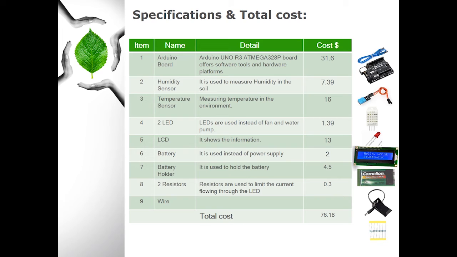We use 2 LEDs and 1 LCD for the output, and our power supply is a 9-volt battery. We use a battery holder to keep the battery, and based on the Amazon and Digi-Key websites, the total cost is estimated at around $76. Also, we need a bit more budget for building the prototype, such as glue, wire, and paper boxes.